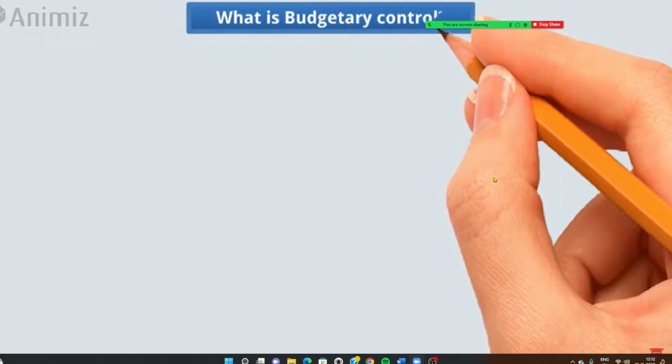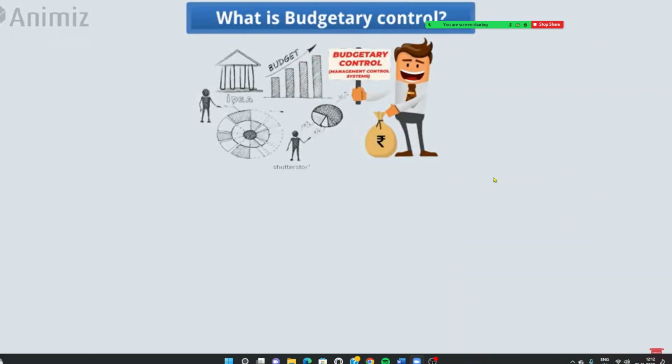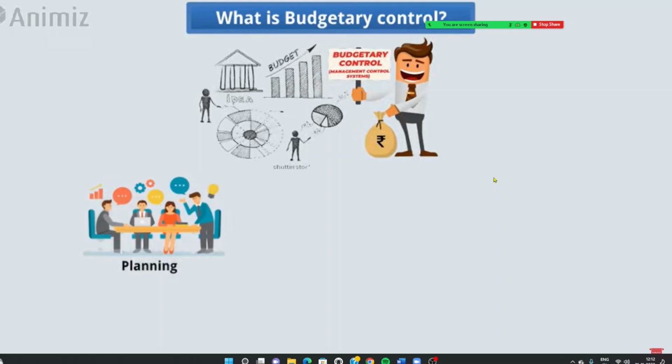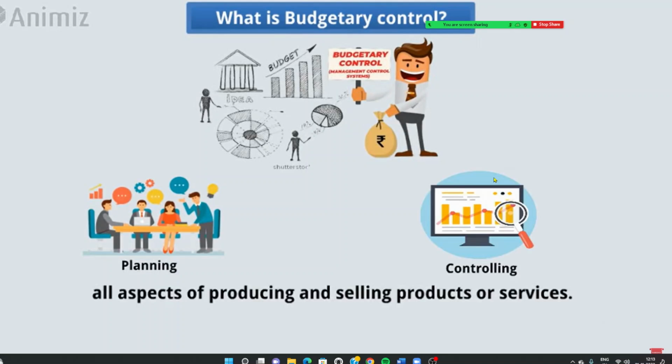What is budgetary control? Budgetary control makes use of budget for planning and controlling all aspects of producing and selling products or services. It attempts to show the plans in financial terms.